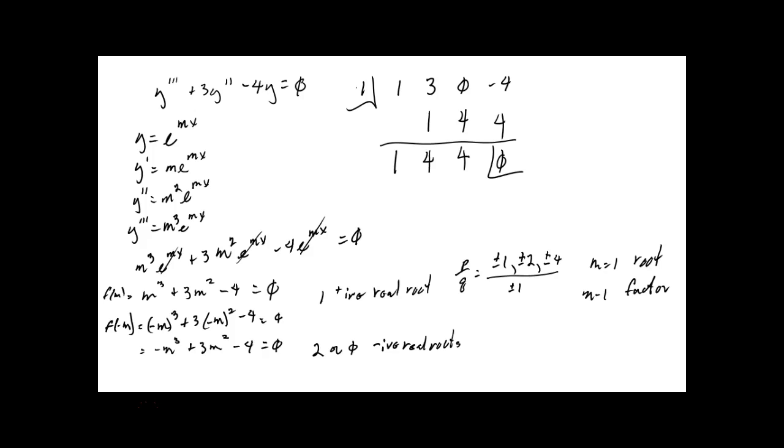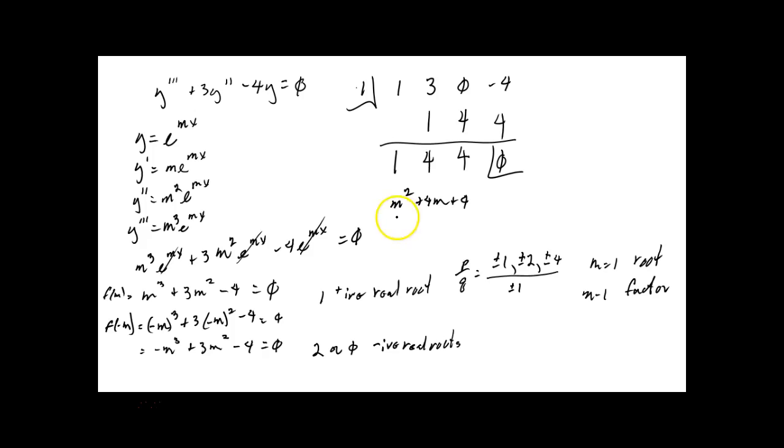Here's your other factor, only this now is a quadratic, because you only have 3 terms: m squared plus 4m plus 4. So, m equals 1 is a real root, and that's your only positive real root. Your other factor is going to be m squared plus 4m plus 4.